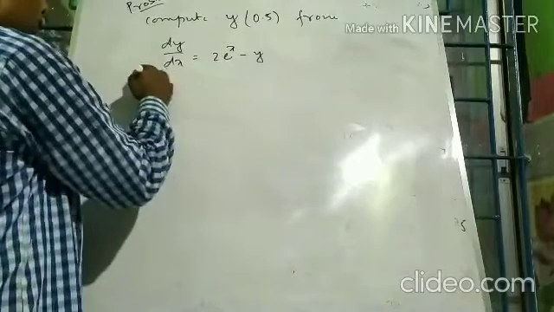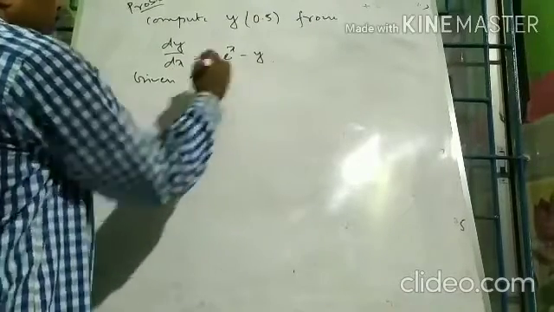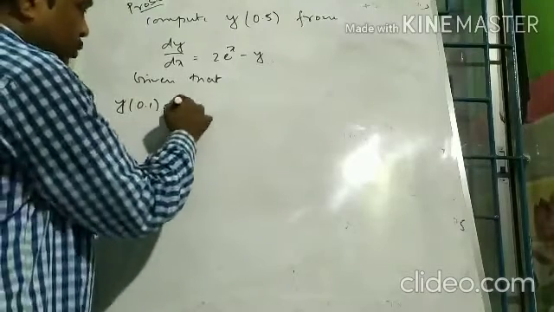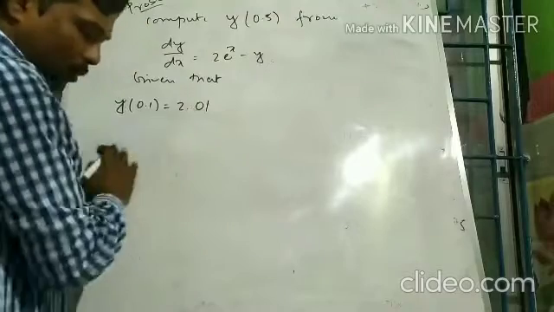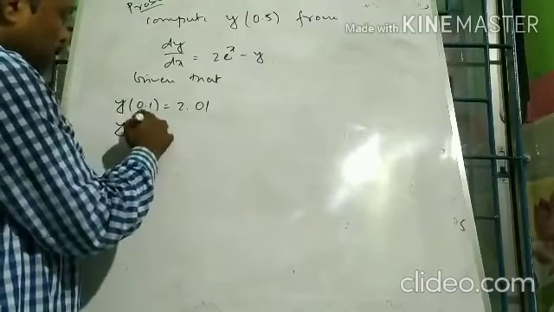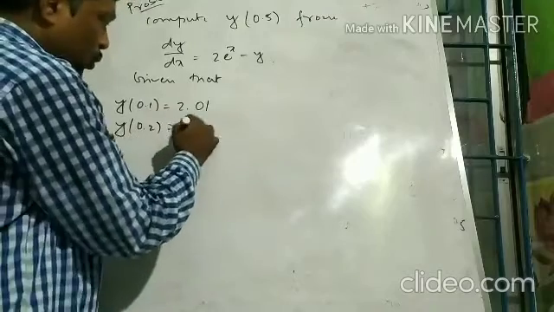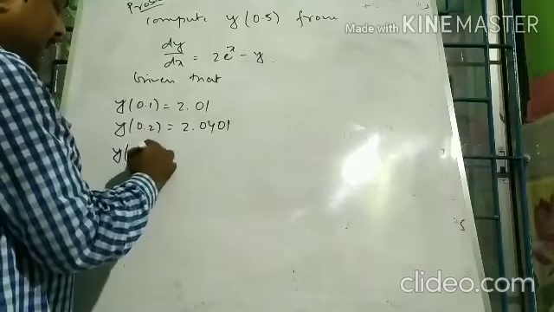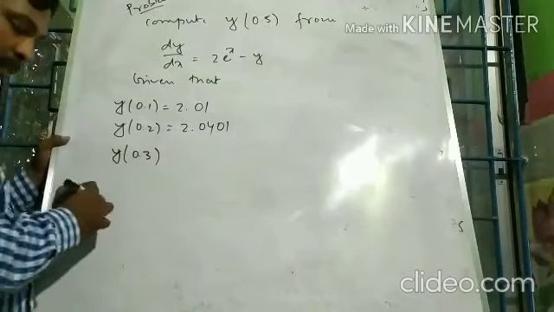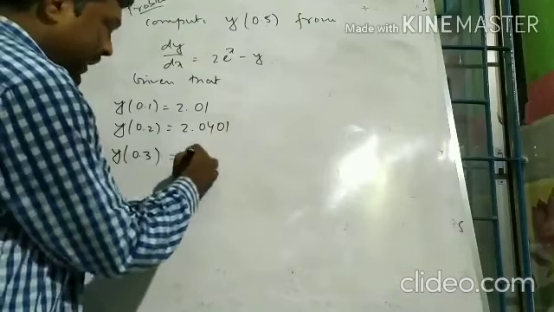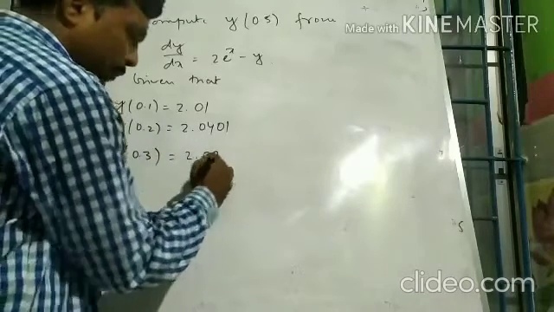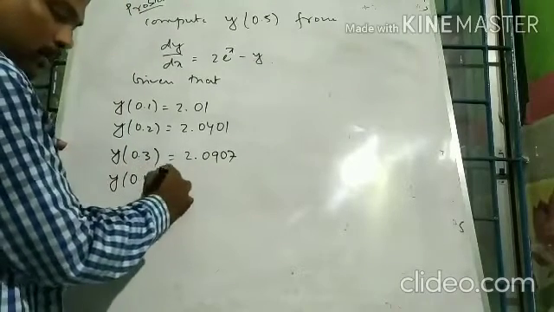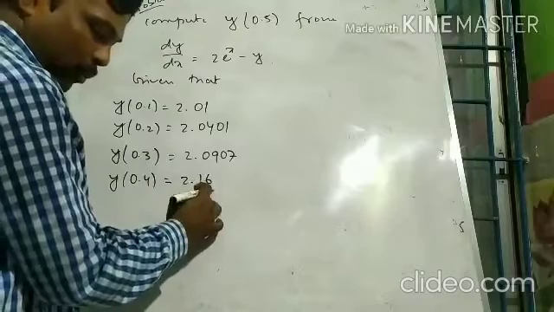given that y 0.1 is 2.01, y 0.2 is 2.0401, y 0.3 is 2.0907, y 0.4 is 2.1621.